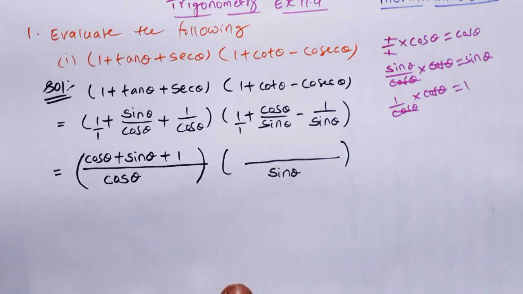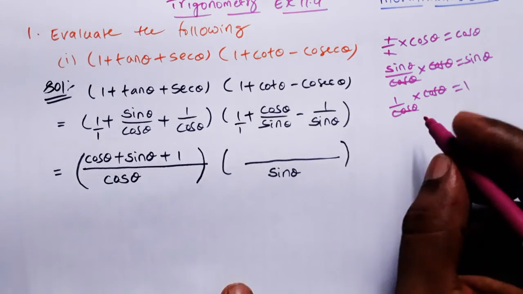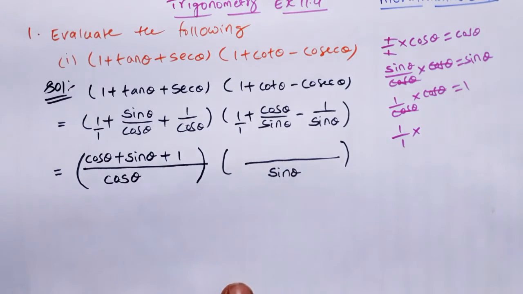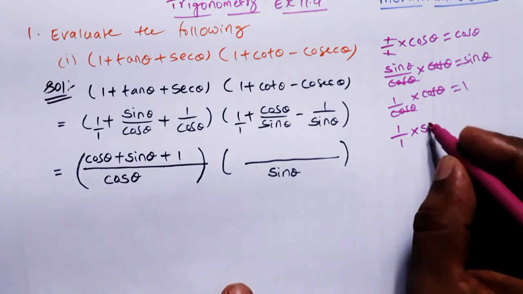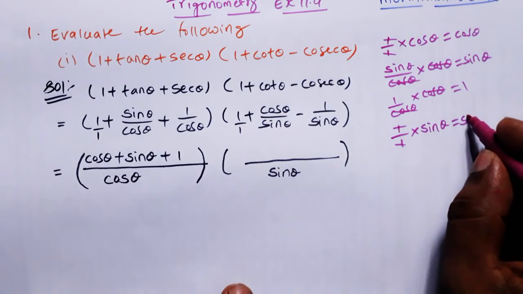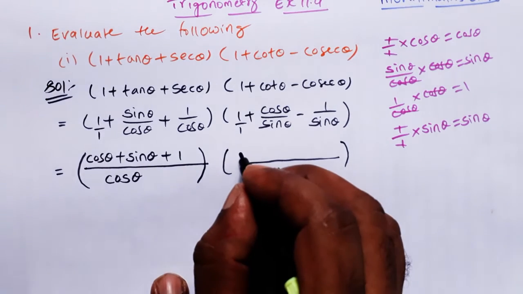Okay, that also I will write. What is the first fraction? 1 by 1 into multiply with LCM sin theta. 1 cancel. Answer sin theta. So the sin theta right here. First one is sin theta.